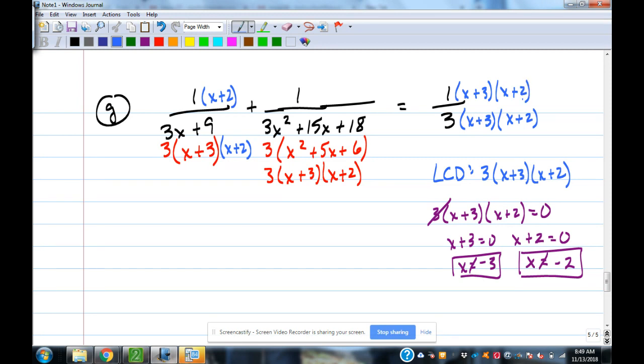All right. So now we've got all the denominators the same, so we just need to multiply out the numerators. So 1 times x plus 2 is just going to be x plus 2 over 3, x plus 3, x plus 2. The second one, you didn't do anything to it.